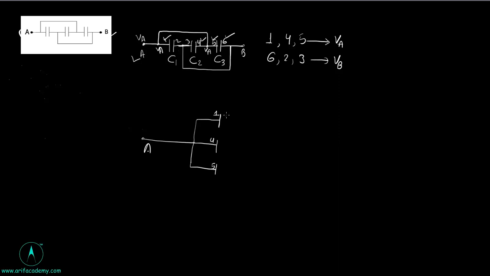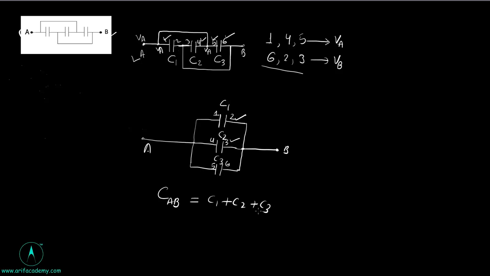Plate 1 makes a capacitor with plate 2, plate 4 makes a capacitor with plate 3, and plate 5 makes a capacitor with plate 6, and 2, 3 and 6 have the same potential as point B. We can represent these three as connected to point B. So we have three capacitors in parallel: C1, C2 and C3. So CAB equals C1 plus C2 plus C3.